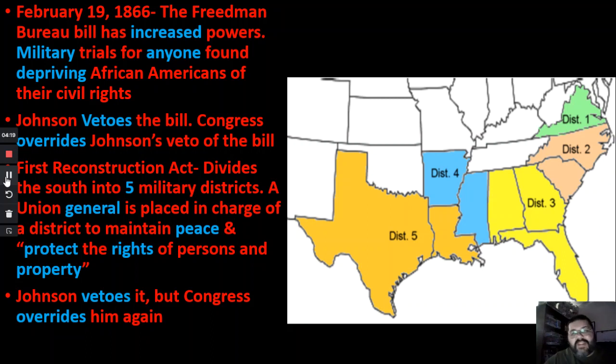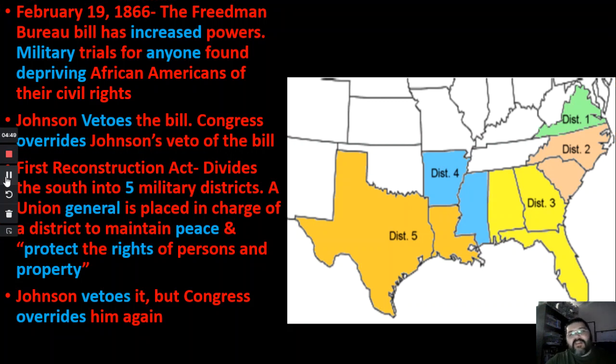And they have to get a two-thirds majority in both the House of Representatives and the Senate, meaning for every three people, at least two have to say yes. And they do. They override him. Now that it's overridden, the president cannot veto the bill again. Now it becomes law. So the president gets only one veto. If Congress overrides him, that's it. Can't do anything about it.